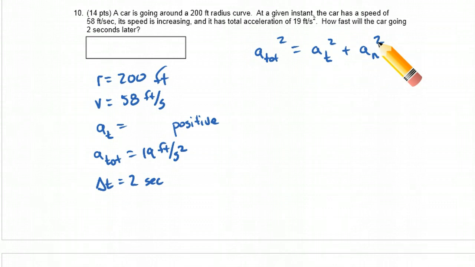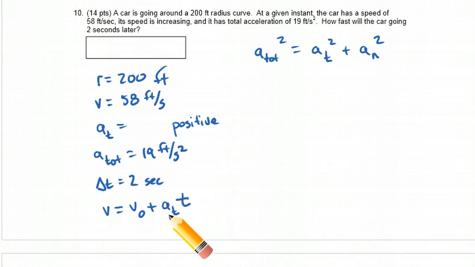Okay, so we're given a total. We need to know the tangential acceleration because we want to find its speed 2 seconds later. So we're going to eventually use the equation v equals v0 plus tangential acceleration times time.